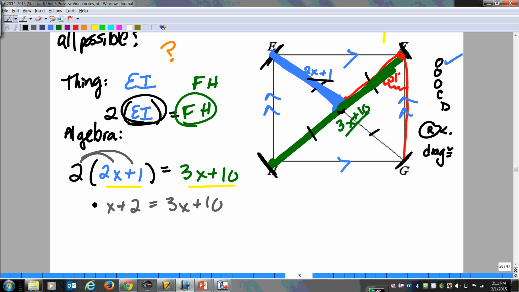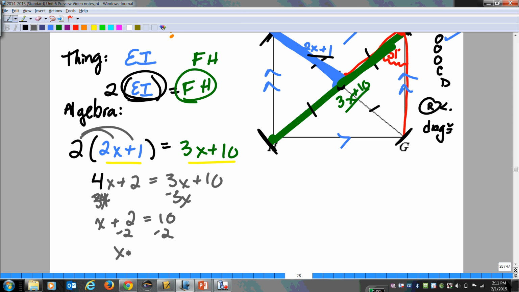Hopefully you caught that. Okay, let's try this again. I'm going to minus 3x and bring it over this side. I have x plus 2 equals 10. X equals 8.